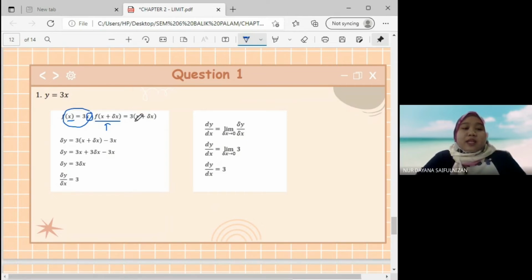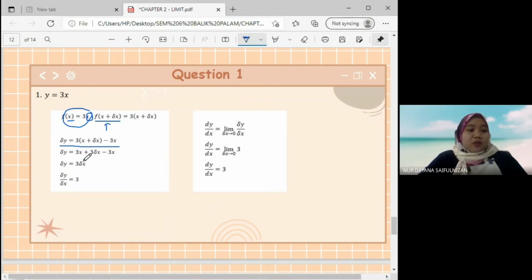We simply substitute the value of x plus delta x into the x, and we get 3 in bracket of x plus delta x. Okay, so next we already got delta y, which is delta y equal to 3 in bracket of x plus delta x minus 3x.